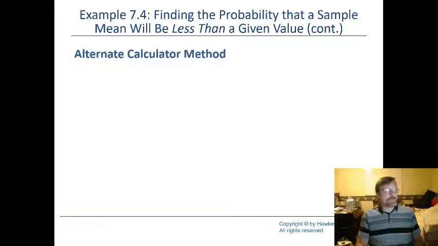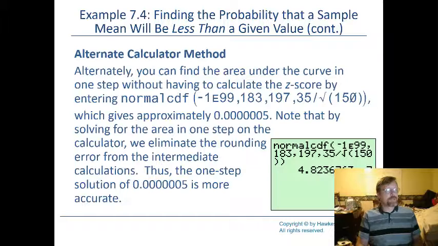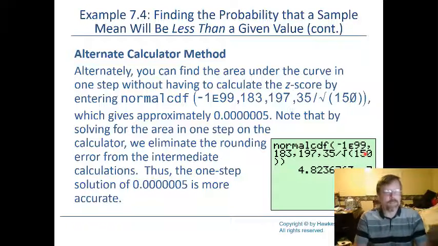Again, we can do this in one fell swoop in the calculator. You'll note everything here looks the same up until we get here. And here they've put in that calculation for standard deviation instead of calculating it out and rounding it a little bit and putting that in.